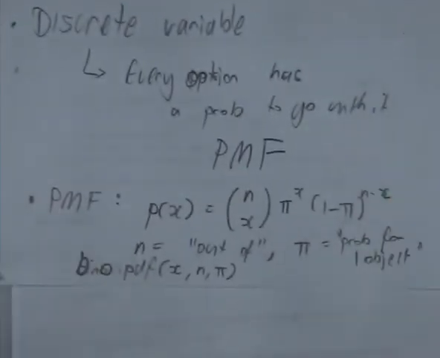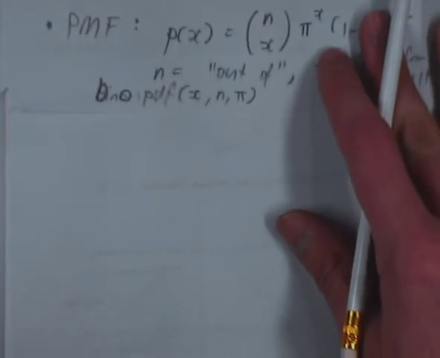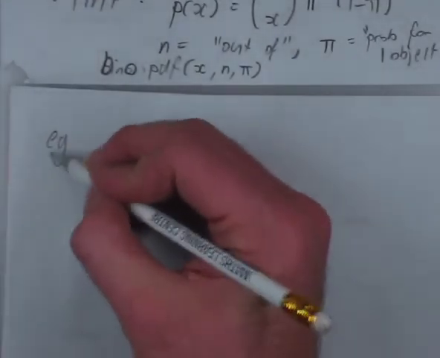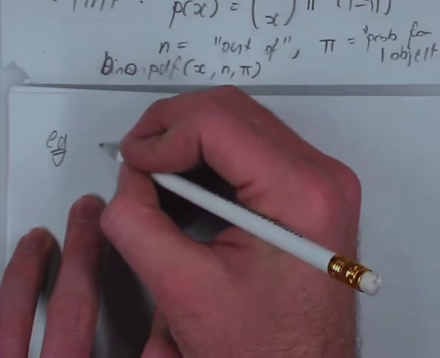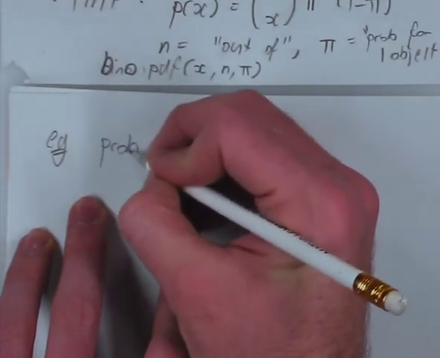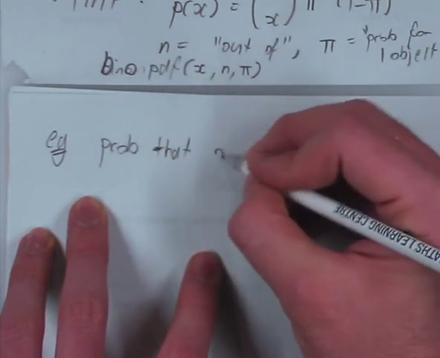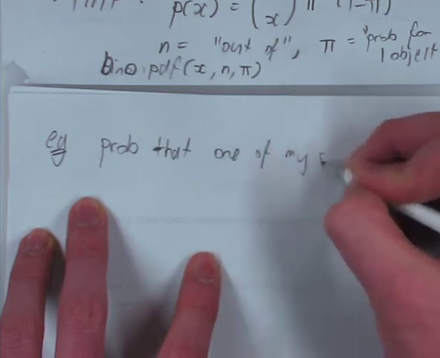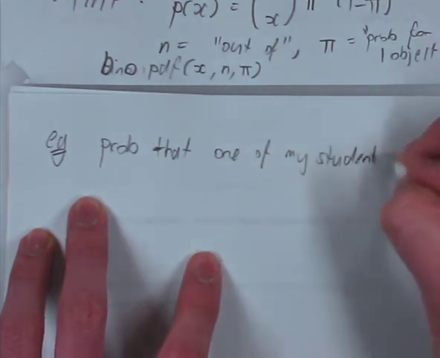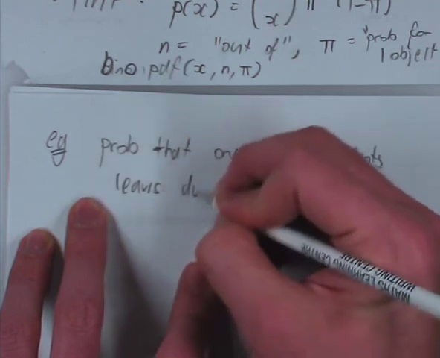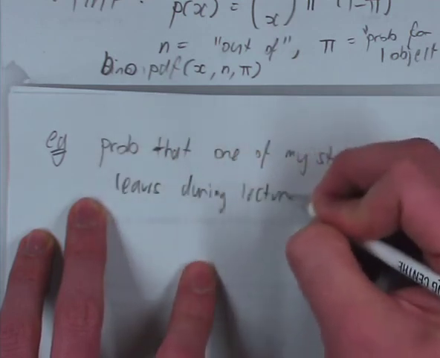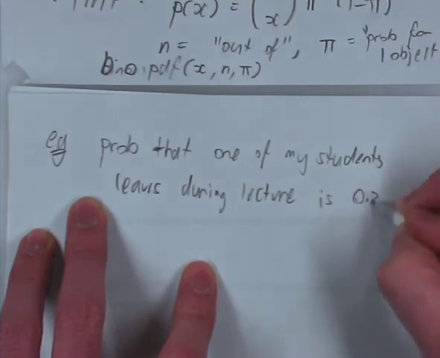So let me go back to my sheet where I was talking about binomial. So I was here, so this formula just here? Okay, so let's do an example. So suppose you've got the probability that one of my students leaves during the lecture is 20%.